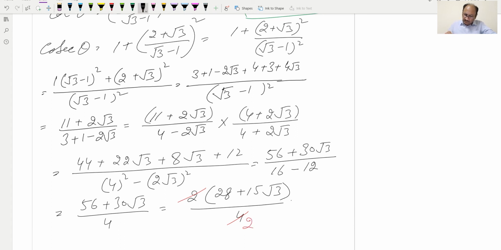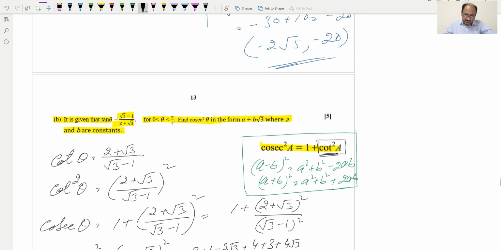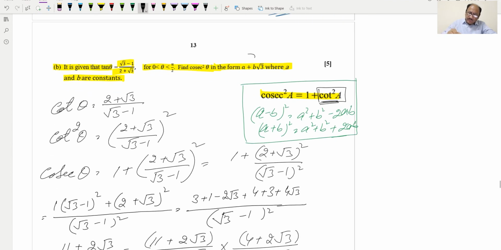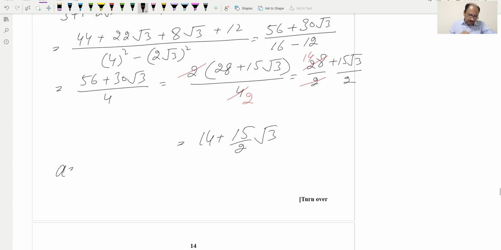Our equation will reduce to 28 plus 15 root 3 over 2; writing 2 separately, 28 over 2 is cancelled to 14, and our answer will be 14 plus 15 by 2 root 3, and this is the same format which they were looking for, a plus b root 3. So a is equal to 14, and b is equal to 15 by 2, or you can write 7.5.